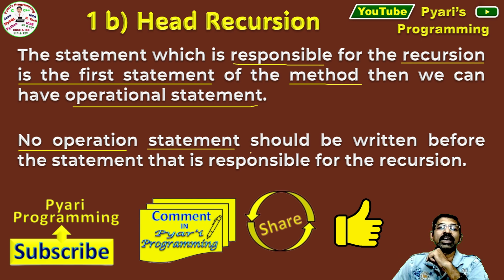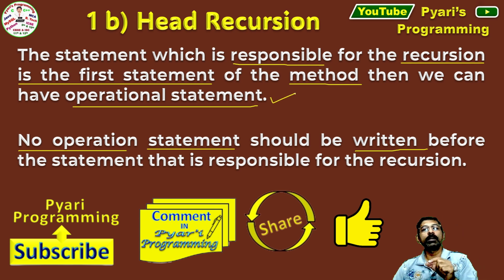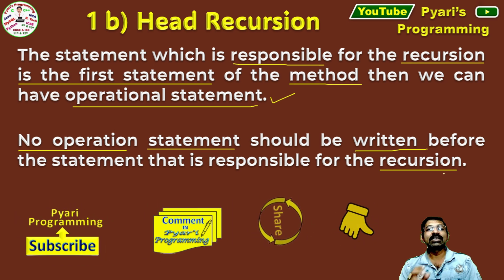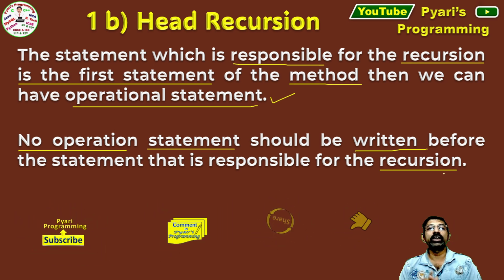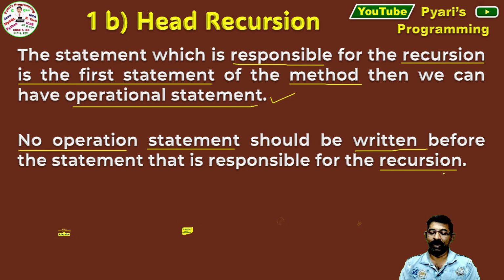No operational statement should be written before the statement that is responsible for the recursion. That means only after the method call inside the method body can we write the operational statements.